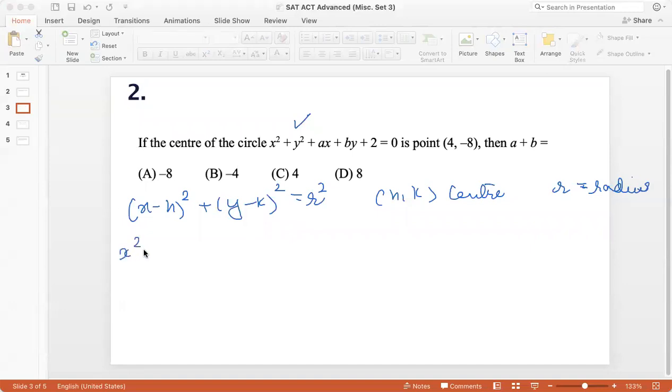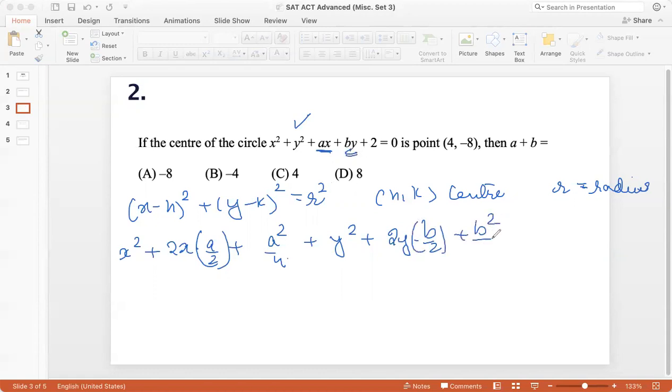So I would write x squared plus 2x into a by 2. So I wrote ax as 2x into a by 2 and I add the square of a by 2. Similarly, y squared plus 2y into b by 2 because I need by, and then I'll add the square of b by 2 plus 2 is equal to, now I've added a squared by 4 and b squared by 4 to the left hand side, so I'll add them to the right hand side as well.